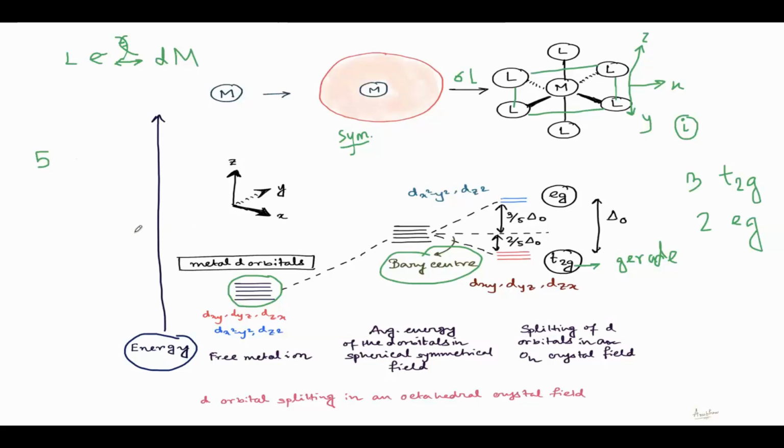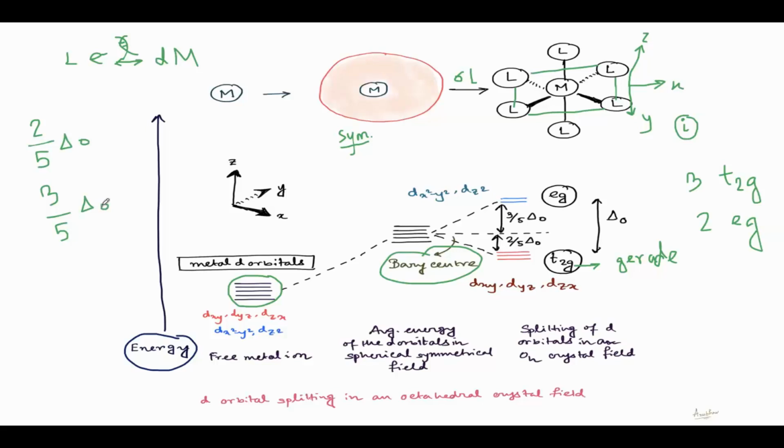That's why when we are having 3 T2g orbitals, their energy is termed as 2 by 5 multiplied by delta O. And when we are having 2 eg orbitals, their energy is 3 by 5 delta O. Now, since the energy is downward for the T2g orbitals, the energy is less by 2 by 5 delta O.